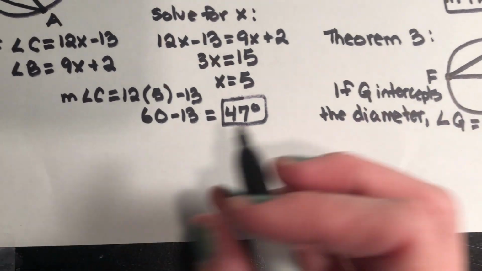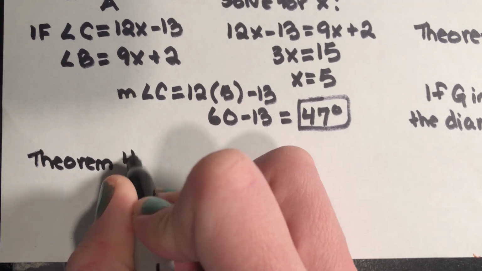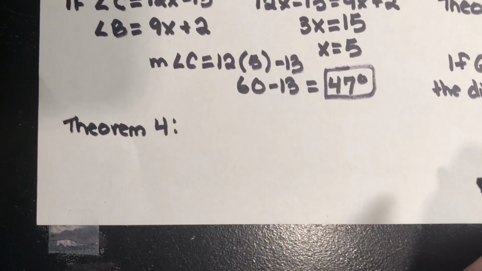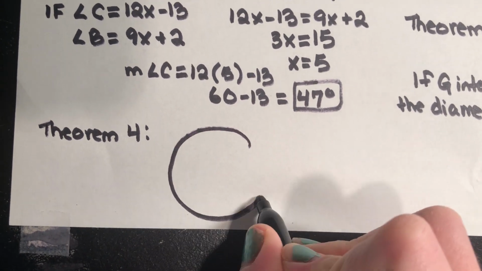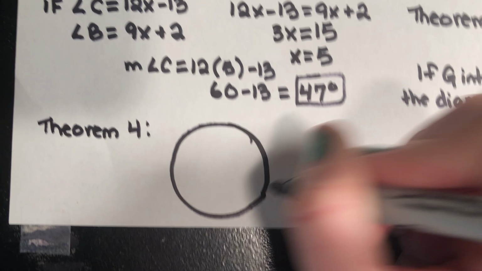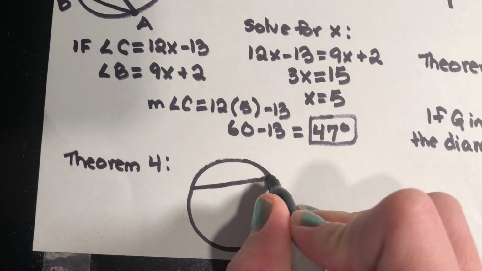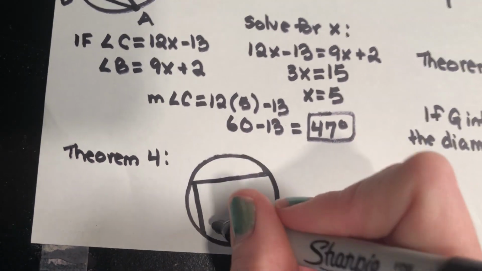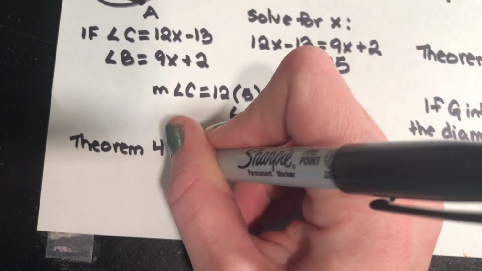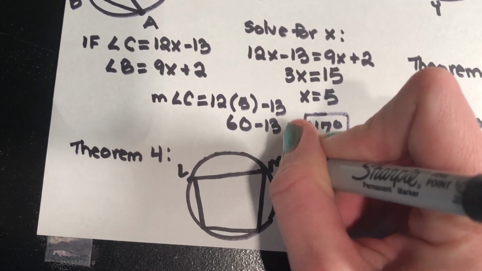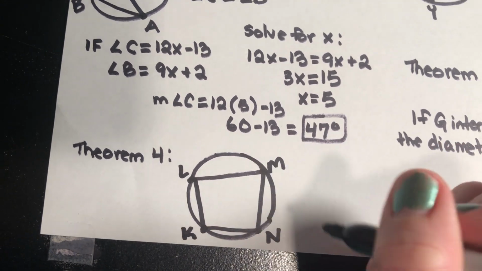All right, our last theorem, theorem 4. Theorem 4 is about quadrilaterals that are inscribed inside circles. So let's say we have a quadrilateral right here. We'll go L, M, N, K, so KLMN.